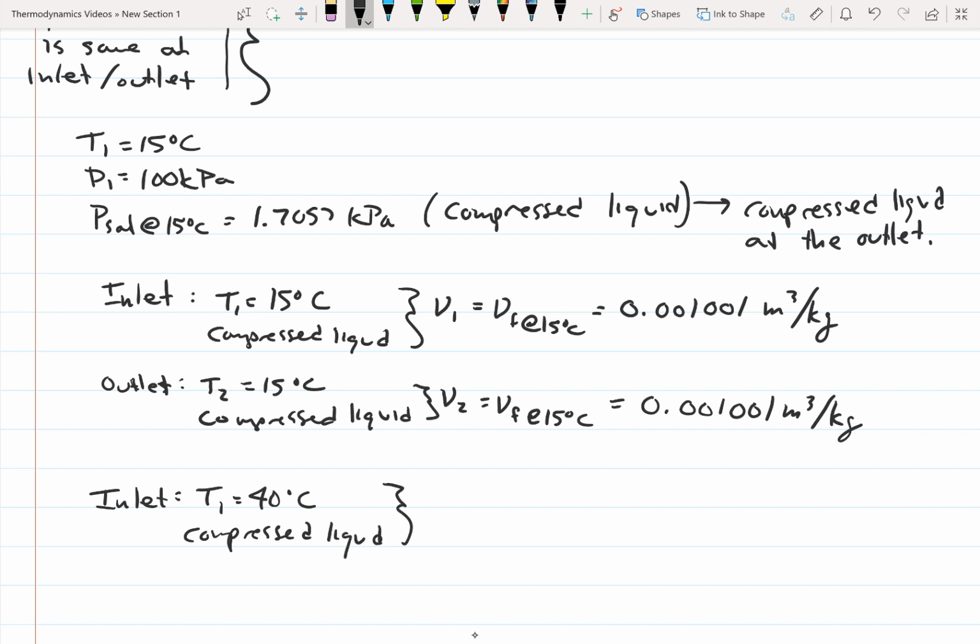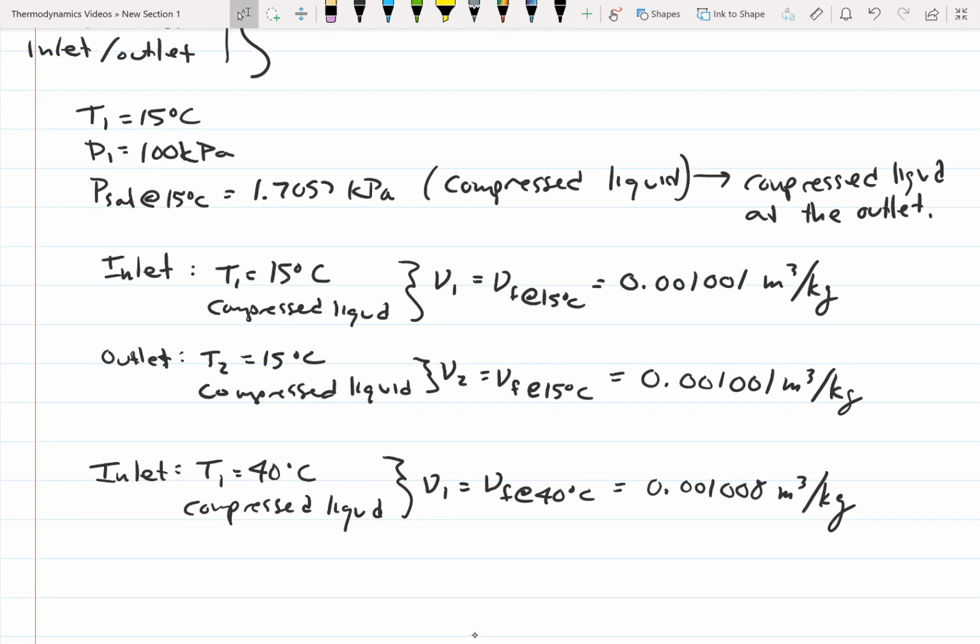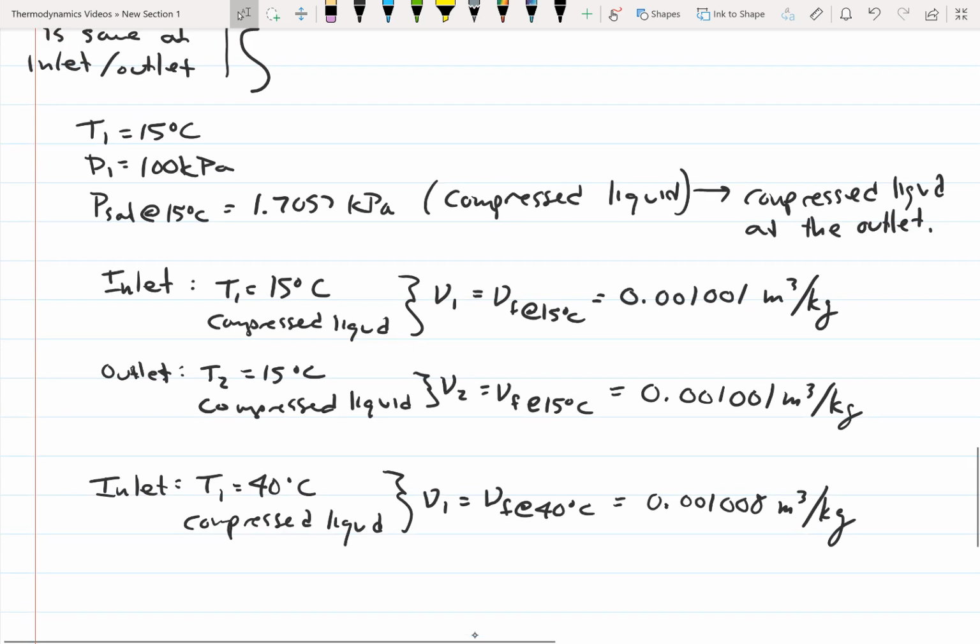So V1 is going to be the saturated liquid at 40 degrees Celsius, which is equal to 0.001008 meters cubed per kilogram. And then this is going to be the same as the specific volume at state 2.